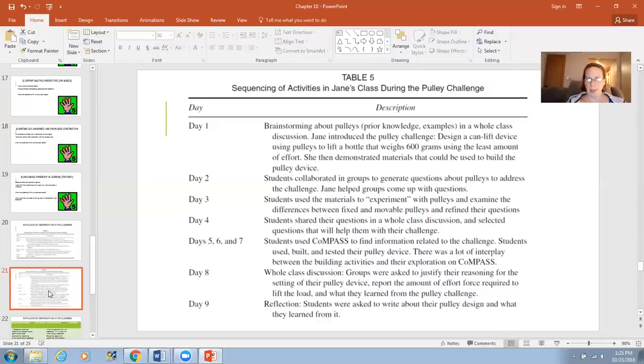And so I will say this, not only was Jane's approach more like what we would like to see with the constructivist classroom, the students that participated in her classroom, when presented with this survey, felt that they had gained the most from the exercise.